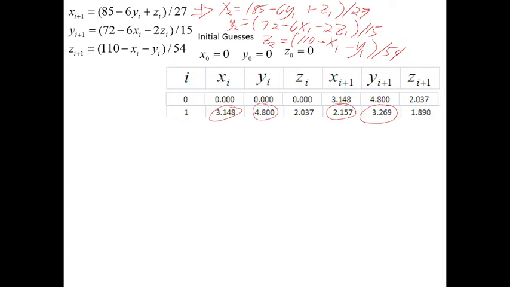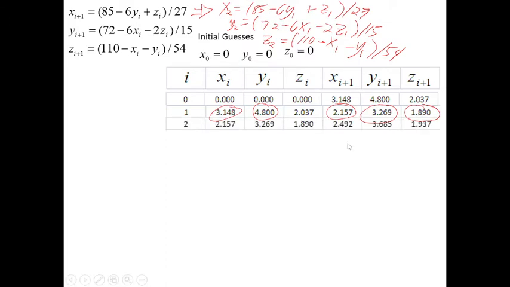We get 1.890. It's rounded off, considering 3 decimal places. So that's it. That's the pattern.